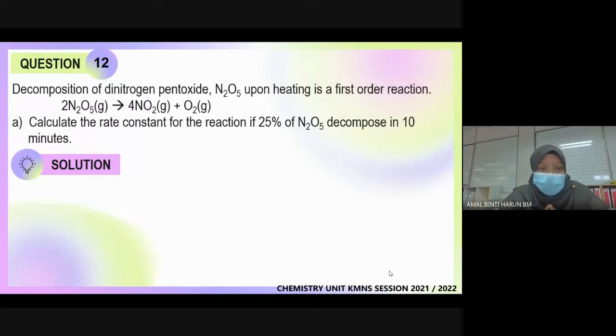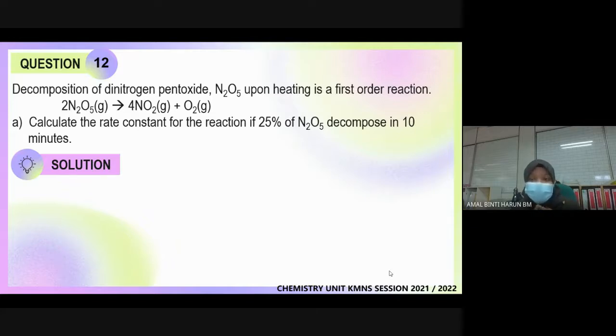Okay, 12. Calculate the rate constant for the reaction if 25% of nitrogen pentoxide decomposes in 10 minutes. Dan dia nak apa? Cari rate constant kalau 25% berkurang dalam masa 10 minit. Okay? So, kalau berkurang 25%, maksudnya initial concentration tu berapa persen?